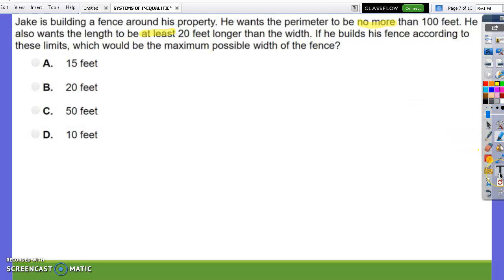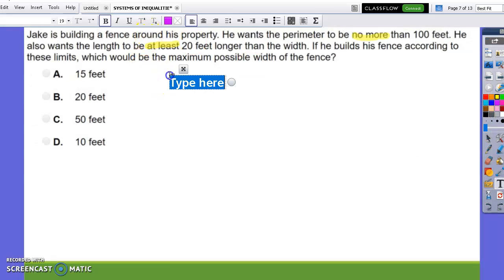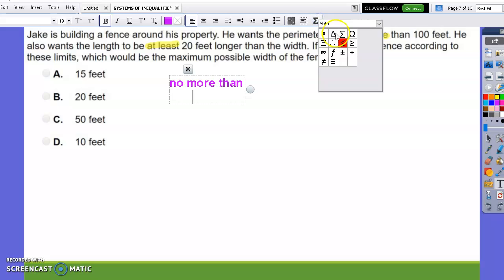Back in unit, I think it was unit 5, we talked about these words. No more than is less than or equal to. Okay.